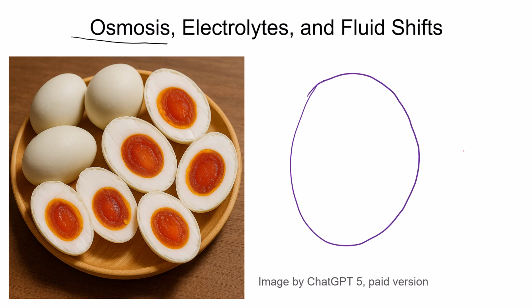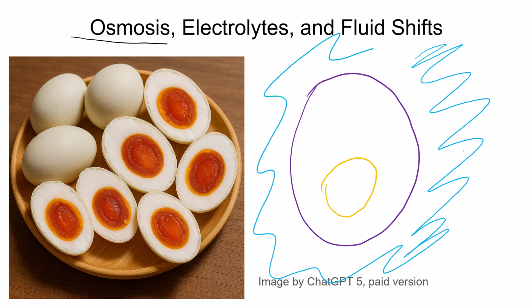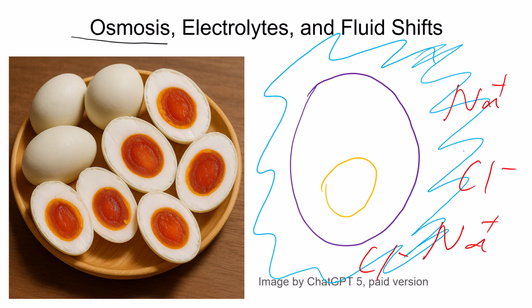I'll do it in yellow. When we put an egg in very salty water that has lots of the sodium, lots of chloride, then the water that is inside the egg will get pulled out because it will move towards those electrolytes.